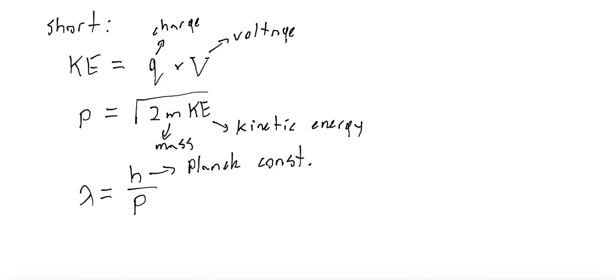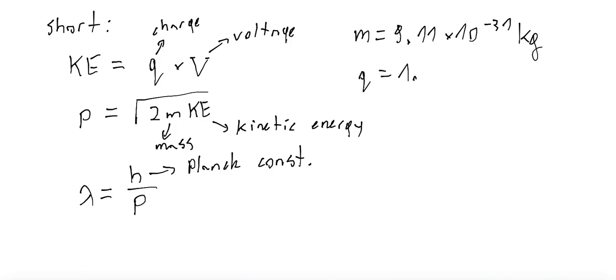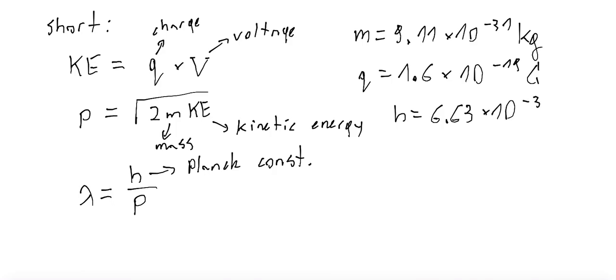Of course, mass, charge and Planck constant are given. You don't need to memorize that the mass of an electron is 9.11 times 10 to the power of minus 31 kilograms. The charge of an electron is 1.6 times 10 to the power of minus 19 coulombs, and Planck's constant is 6.63 times 10 to the power of minus 34 joule times second.